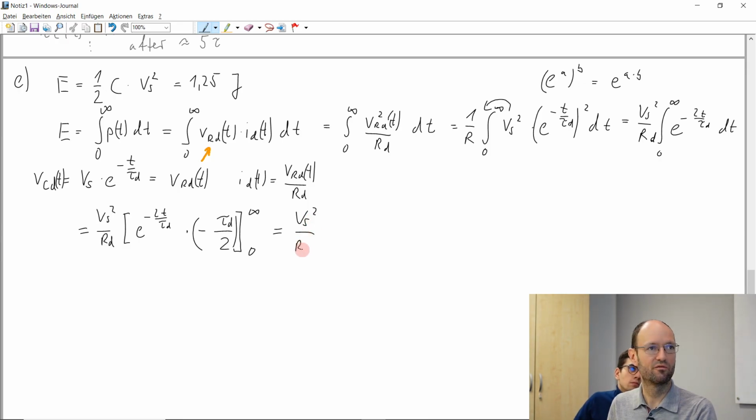So V source divided by RD, e to the minus infinity, and then minus e to the 0. And this is still what we then need to multiply with the minus tau d divided by 2.